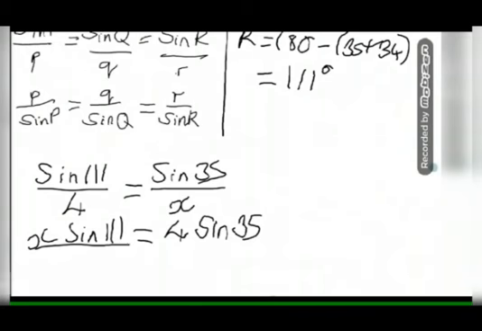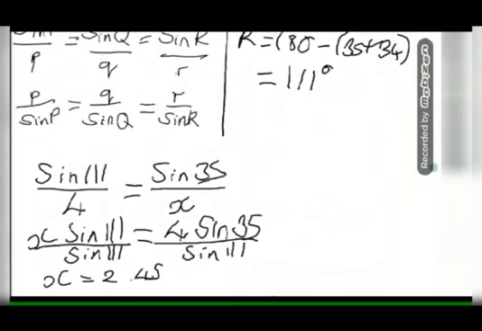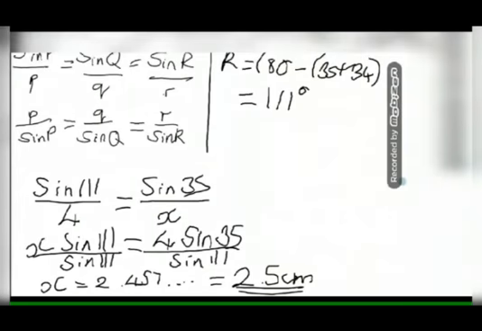When we divide both sides by sine 111, we find that x is equal to 2.457, and the number goes on and on. When we round it off, we get 2.5 centimeters. We have found the length of side RQ, which is also side p, because it is angle P that has 35 degrees.